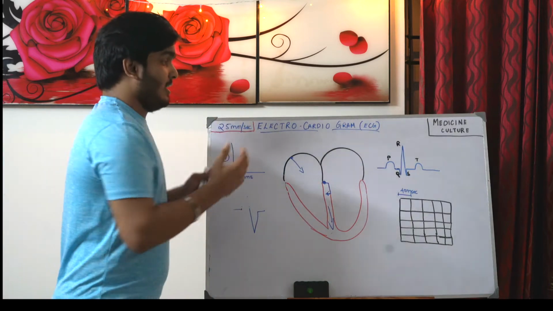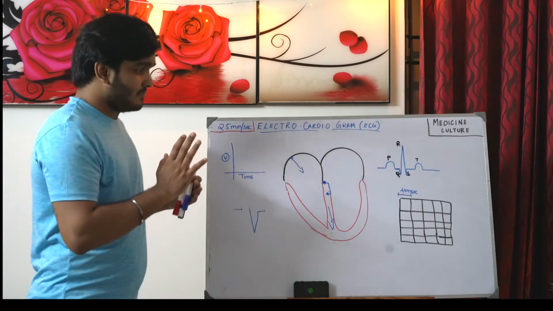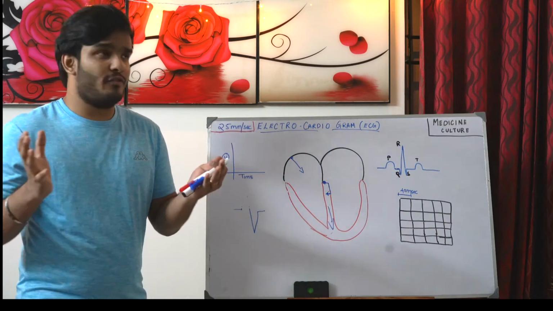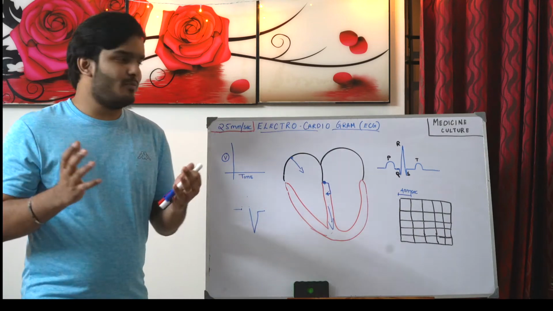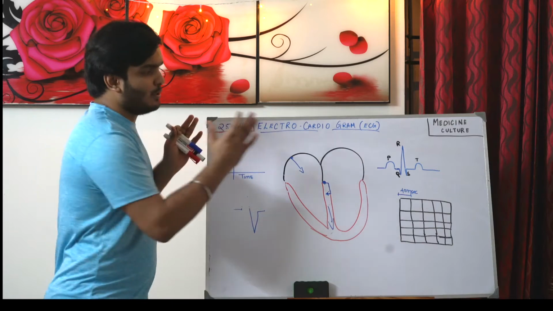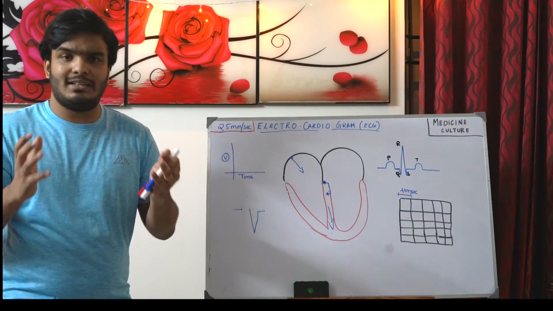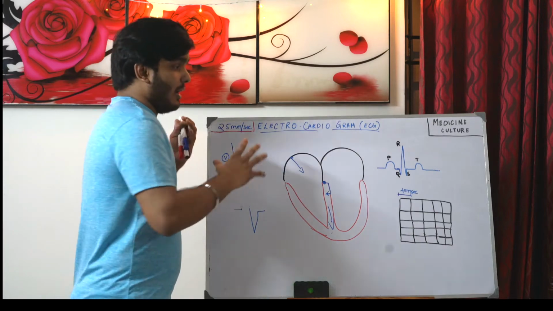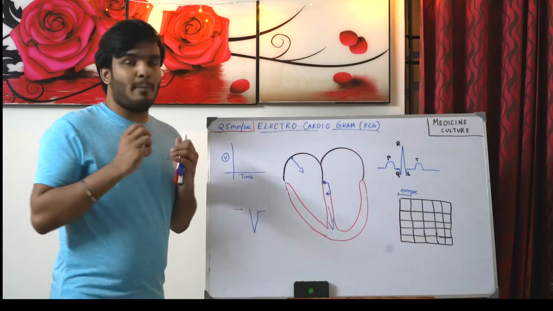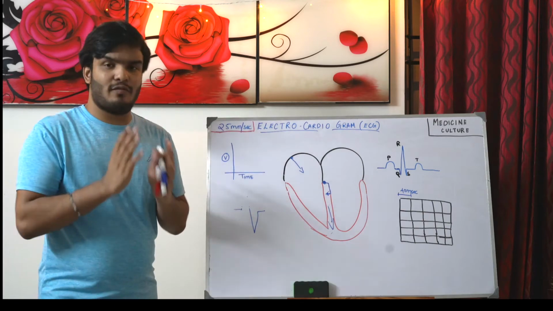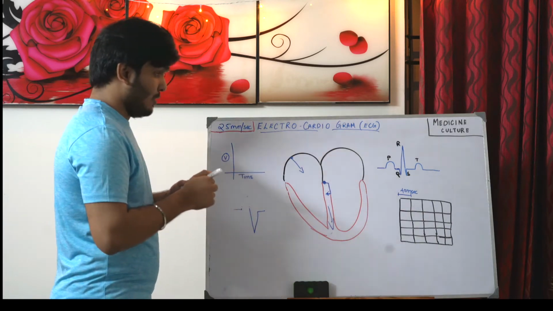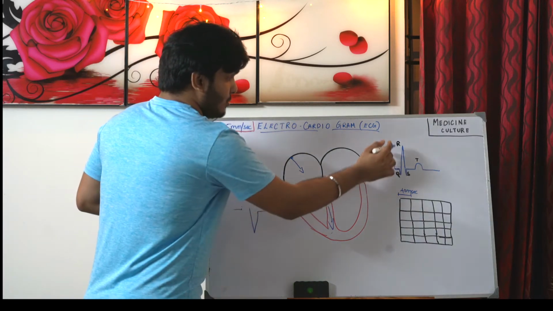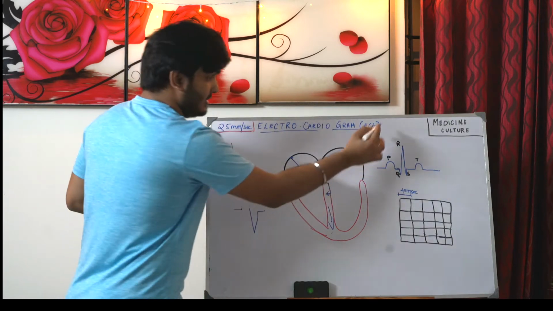Why we get a huge R wave is due to the sheer number of ventricular myocytes, because everything depends on the amplitude of the R wave, its conduction velocity, its gap junctions. The amount of Purkinje cells the ventricle has gives a big amplitude of the R wave, a big positive deflection.